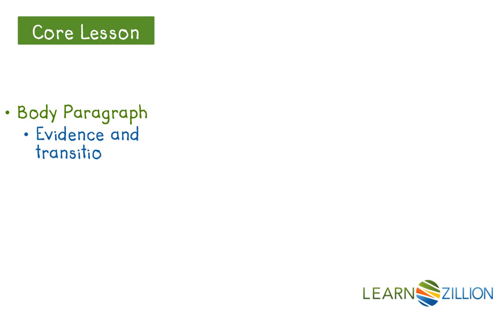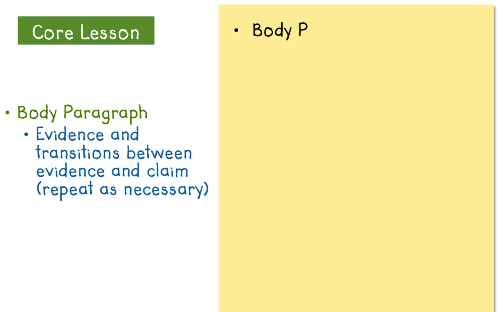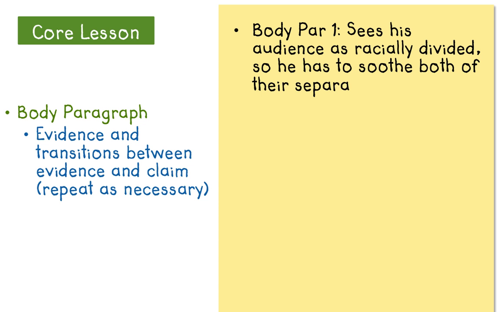So remember, as I put this into the structure of an outline, a body paragraph has evidence and transitions between the evidence and claim, which you then repeat as necessary. So, for this first body paragraph that I've decided to do about how Washington sees his audience as racially divided, and here's a side note, as you're working on your outline, more ideas will occur to you. You can beef them up, you can add things in.